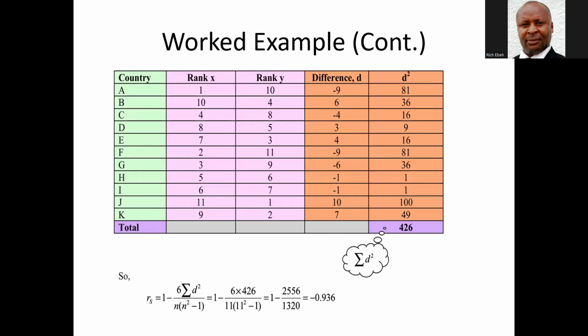So when you divide 2556 by 1320, it will give us 1.93636 and so on and so forth, which is approximately 1.934.